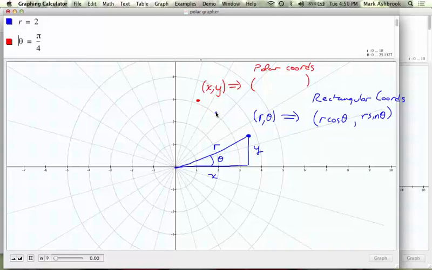But now if we're given x and y, here's x and y. Now we need to figure out what's r and what's theta. Okay? So what about r? So this is what you were saying before. x squared plus y squared? The square root of that, right? So the length of that hypotenuse is the square root of x squared plus y squared.